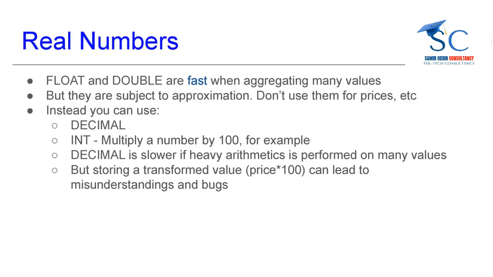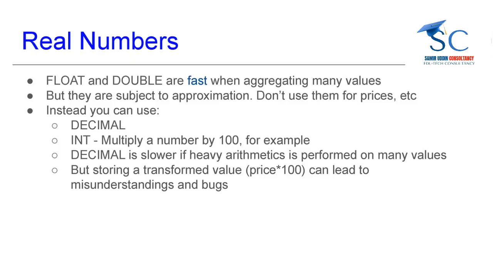Instead, you can use the decimal data type, which is precise. It's also slower, which honestly doesn't really matter in my opinion in most cases, because it's not a big difference. It's just a bit slower. The alternative is to use int, which doesn't store the fractional part. So this means you have to multiply the number.